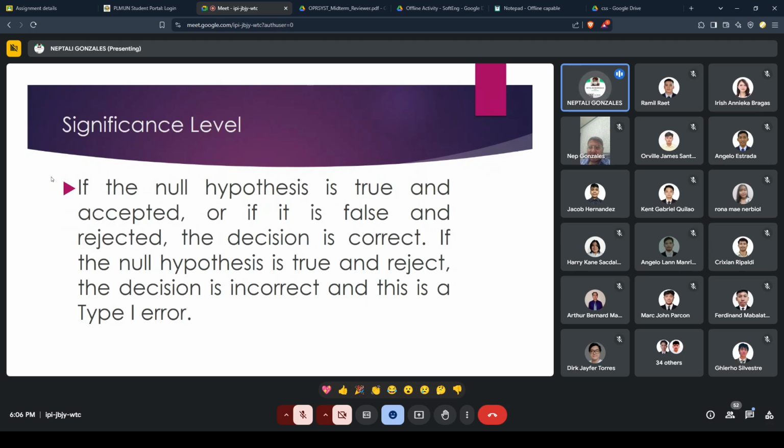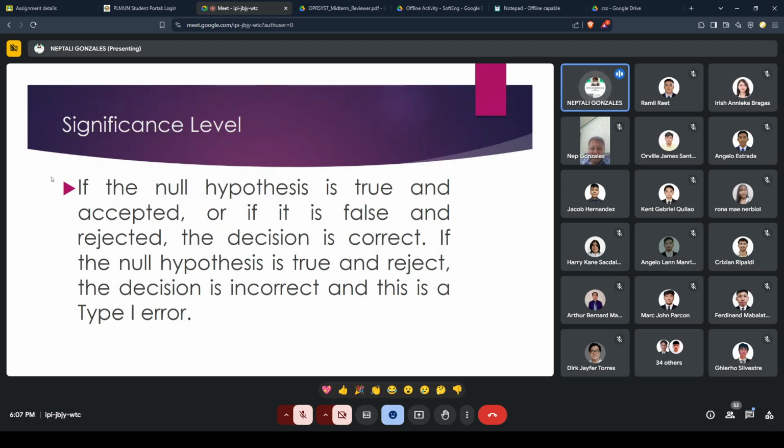If the null hypothesis is true and accepted, or if it is false and rejected, the decision is correct. Siyempre, alam mong mali si null hypothesis and you rejected it, you made a correct decision. Alam mong tama si null hypothesis and you accepted it, you made a correct decision.